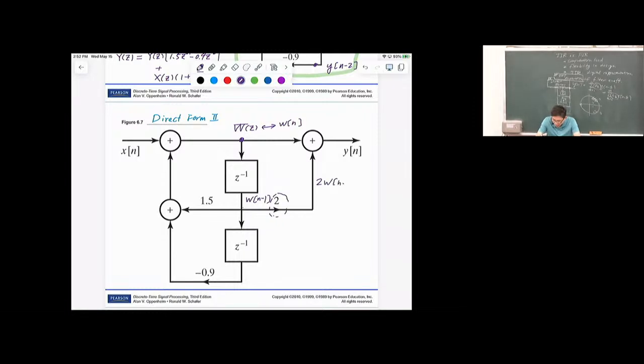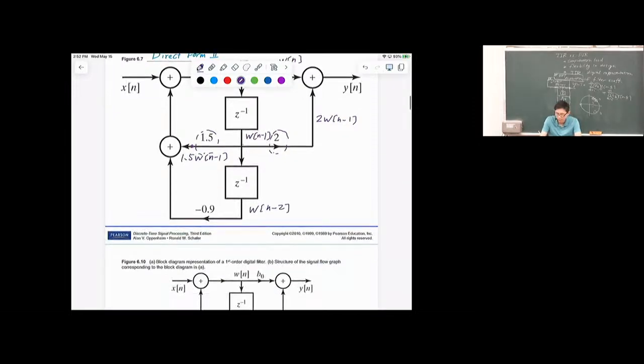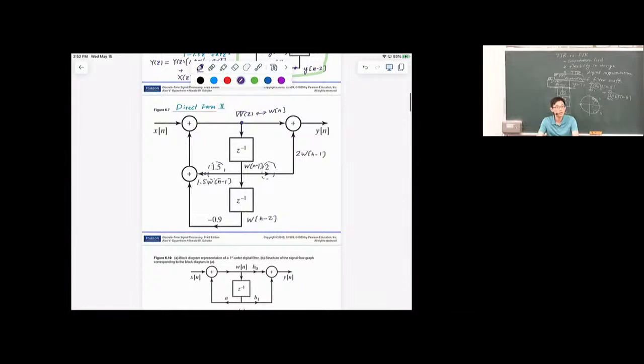Similarly, since we have a factor of 1.5, right here we have 1.5 w of n minus 1. And now we have w of n minus 2 after one more sample of delay.